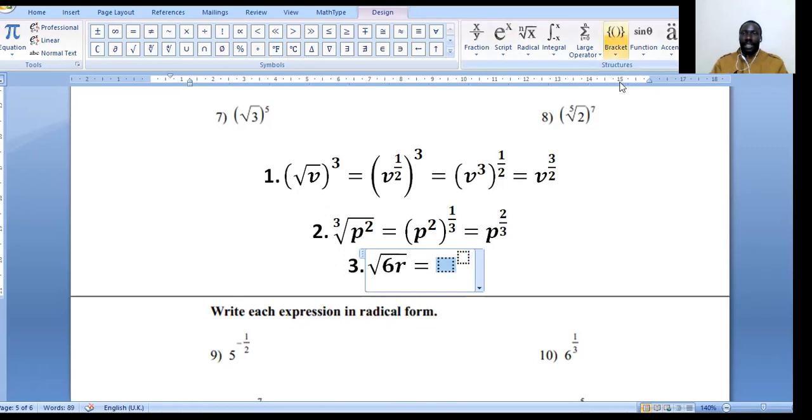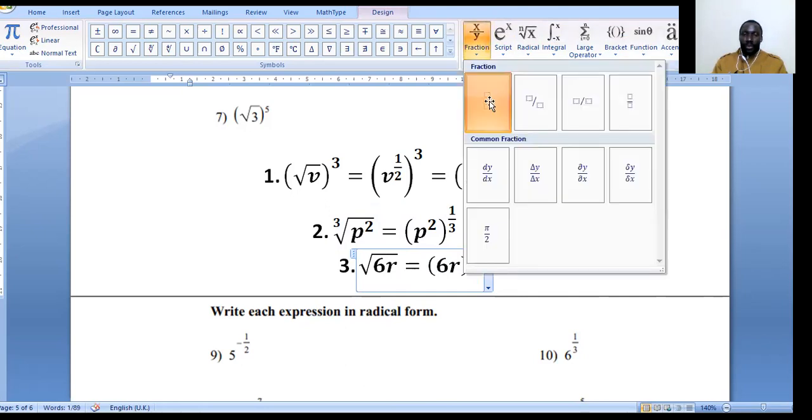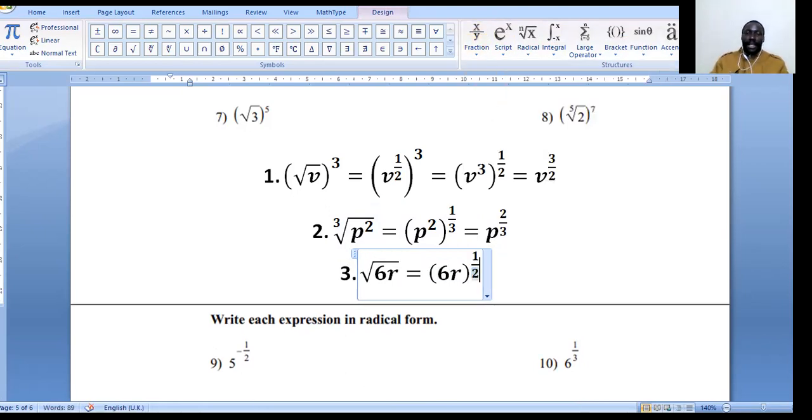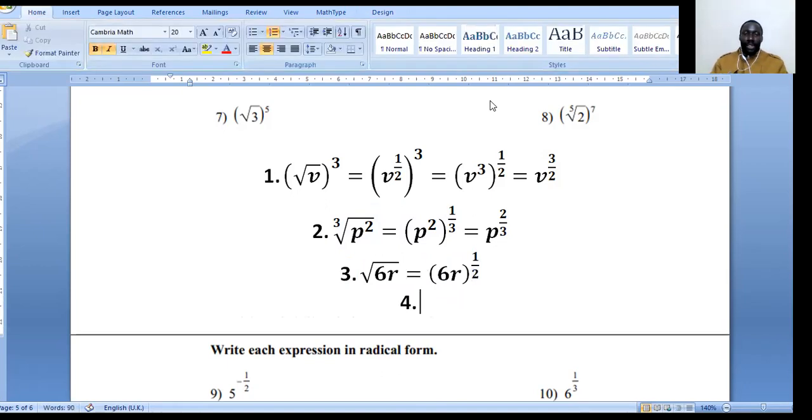Here we'll have 6r inside the bracket. Then outside the bracket, we'll have this square root thing, which is the same as 1 divided by 2. Yes, then that would be the solution.